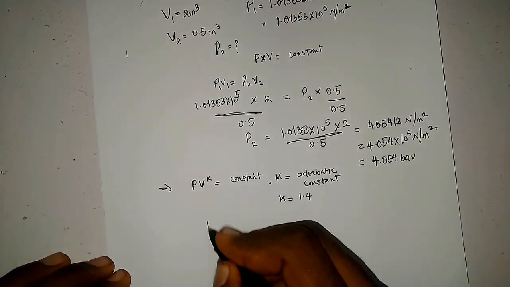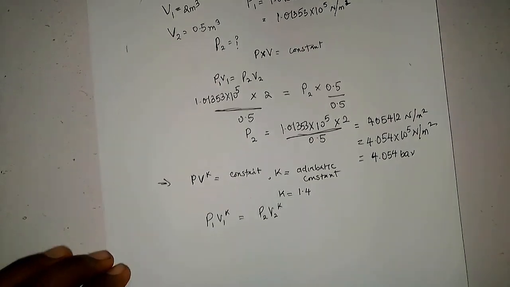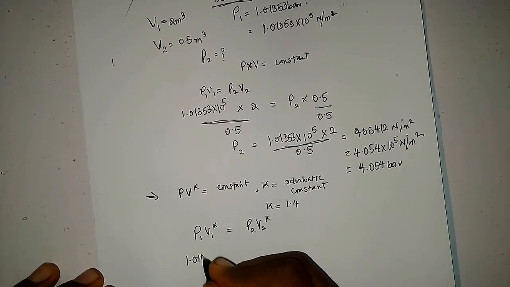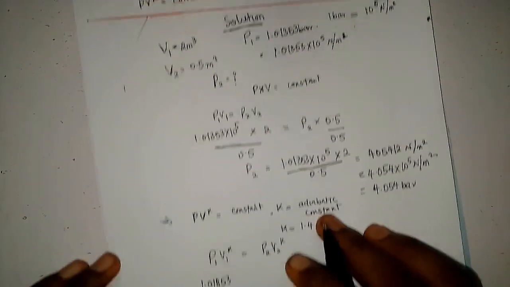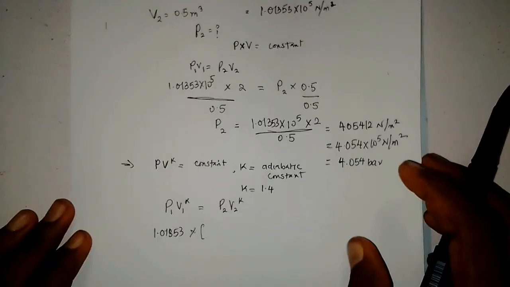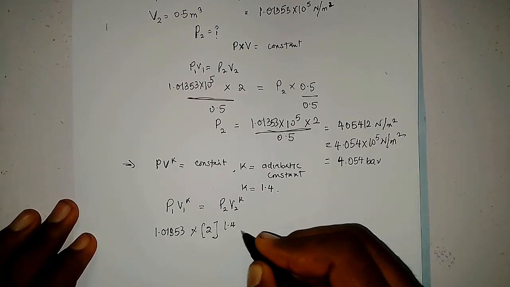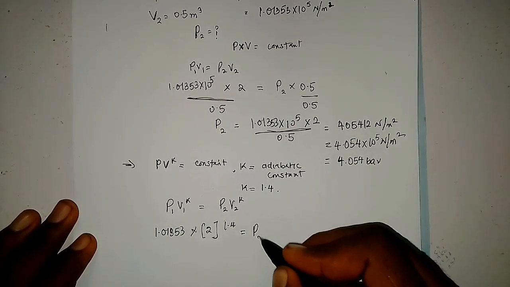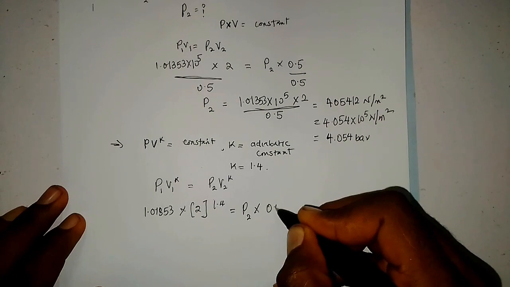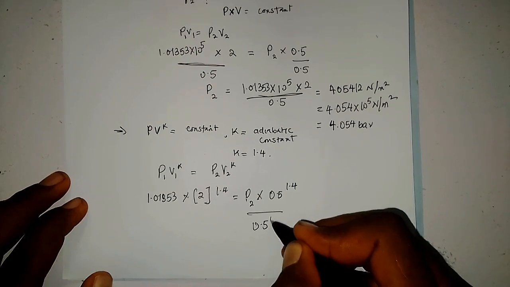We'll have P1 V1 raised to power K is equal to P2 V2 raised to power K. My P1 here is 1.01353, times my V1 given in the question, which is 2, raised to power my K, which is 1.4, equals my P2, which is what I'm looking for, times my V2, which is 0.5 raised to power 1.4.